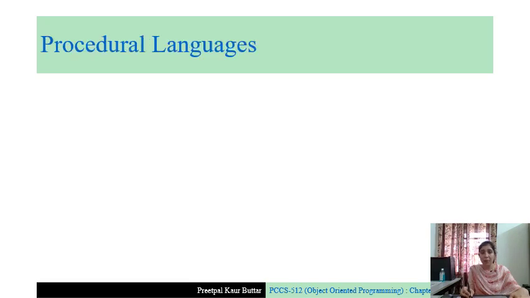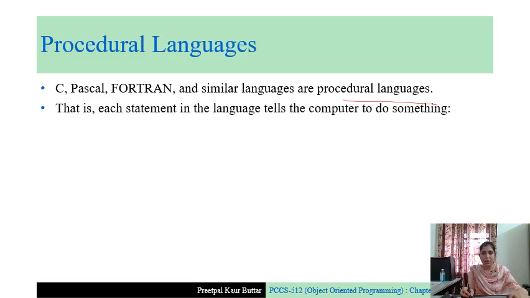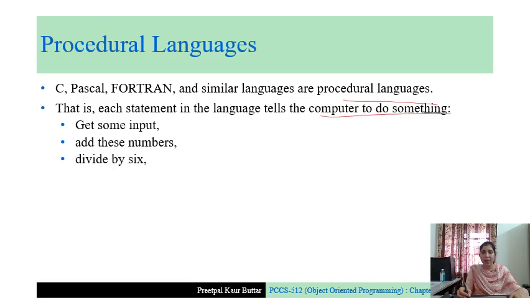Okay. So first we will understand what are the procedural languages. C, Pascal, Fortran and similar languages, the languages used at the very beginning were the procedural languages. Okay. In the procedural languages, each statement tells the computer to do something. For example, get some input, add these numbers, divide by 6, display that output, like this.